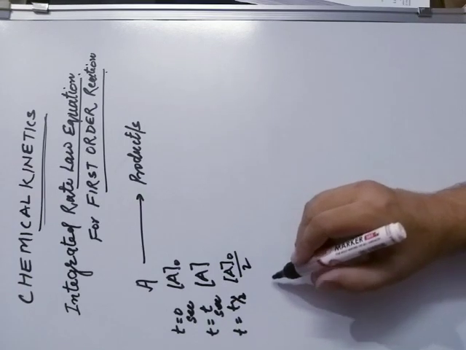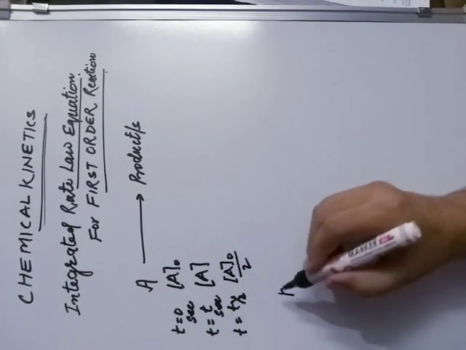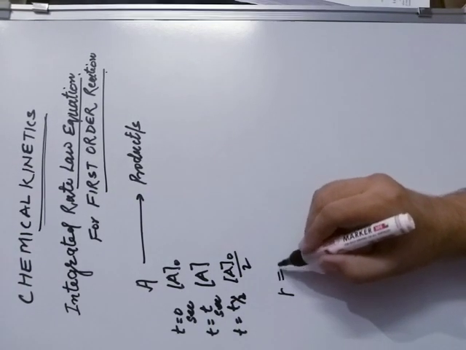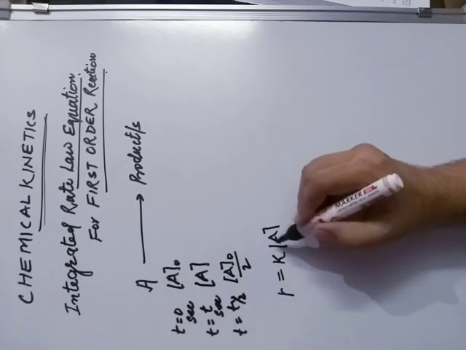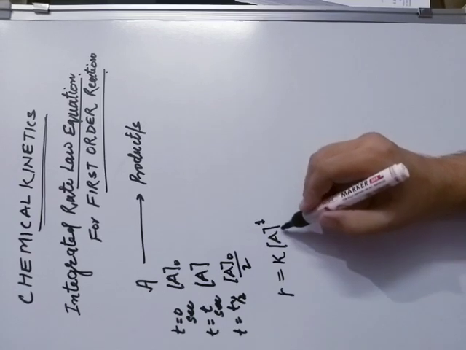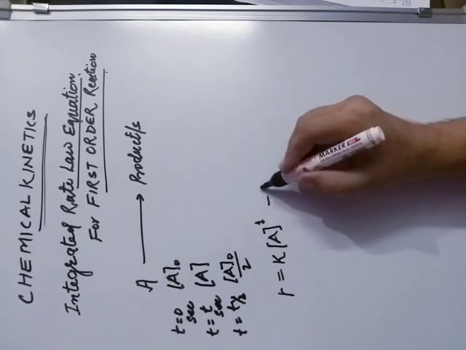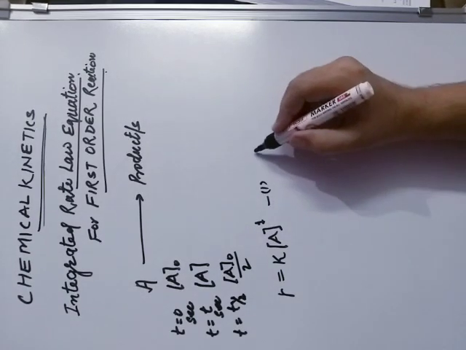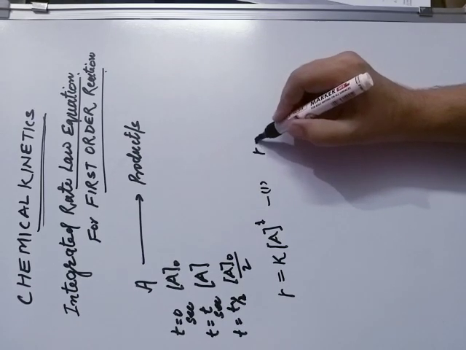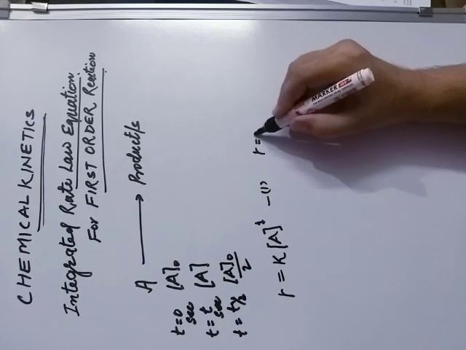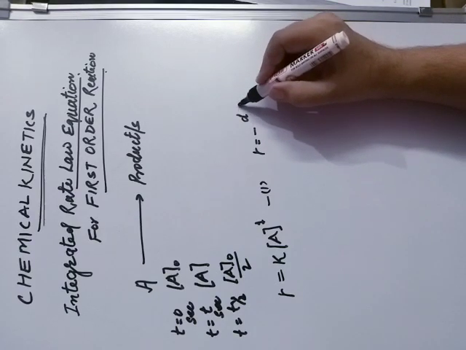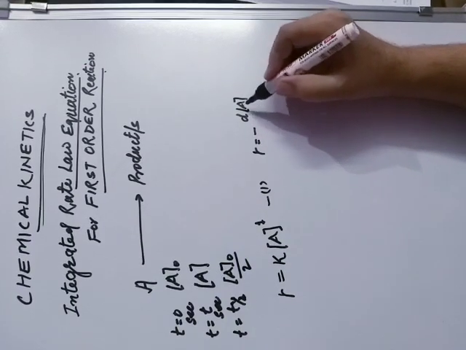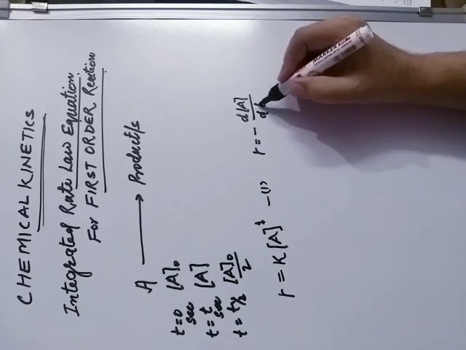Now we know that rate is equal to K times concentration of reactant to the power 1, because it is a first order reaction. This is our first equation, and we also know that the rate is equal to negative dx upon dt, that is change in concentration of reactant upon change in time.